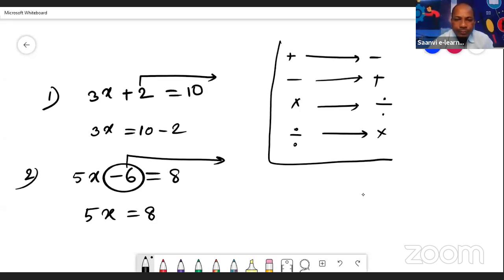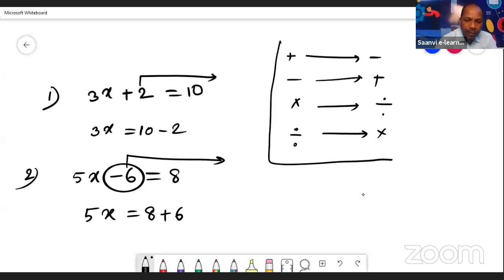It becomes plus 6. Why? Because when we transpose a minus quantity to RHS, it becomes plus quantity. So when we send this minus 6 this side, it becomes plus 6. Have you all understood?